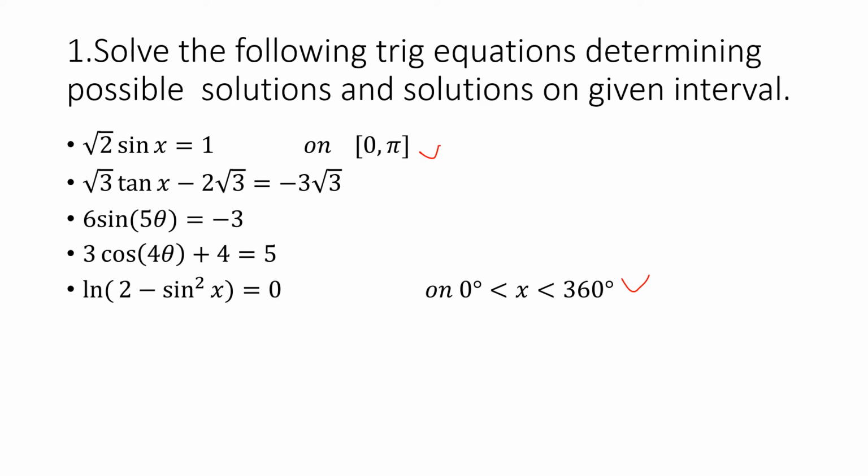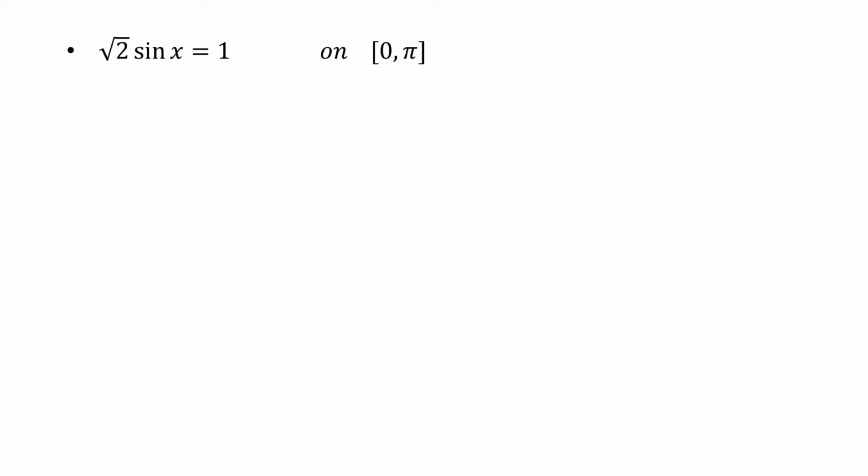Let's start with number 1. The first one says root 2 sine x equals 1 on 0 to pi. So this is where you have to isolate sine x. We divide both sides by root 2, so sine x equals 1 divided by root 2, because the root 2 on the left side cancels, and x is going to be equal to sine inverse of 1 over root 2. If you want, you could rationalize it.